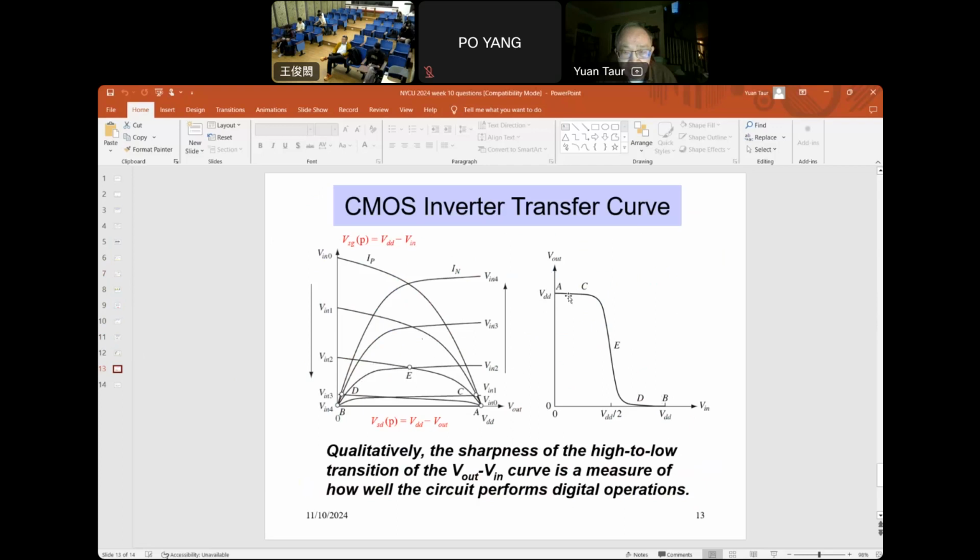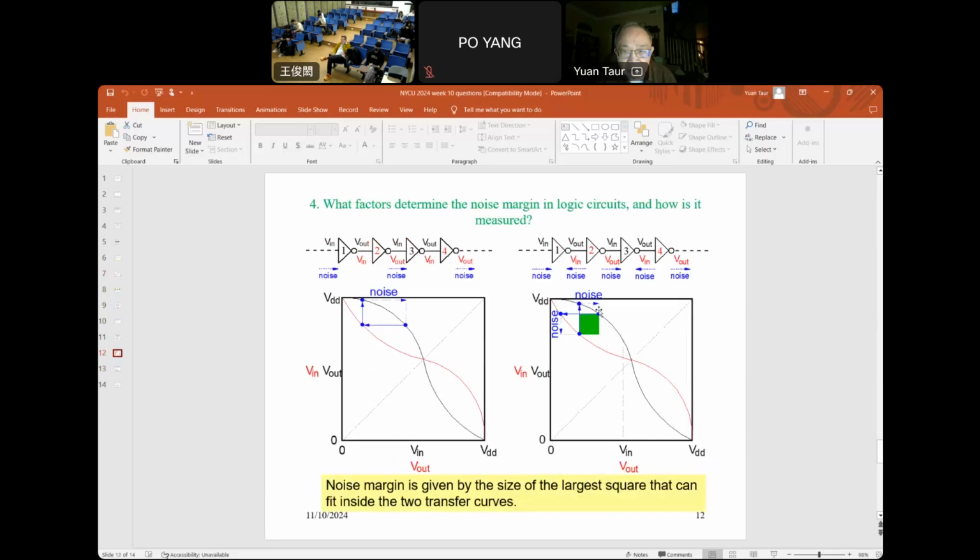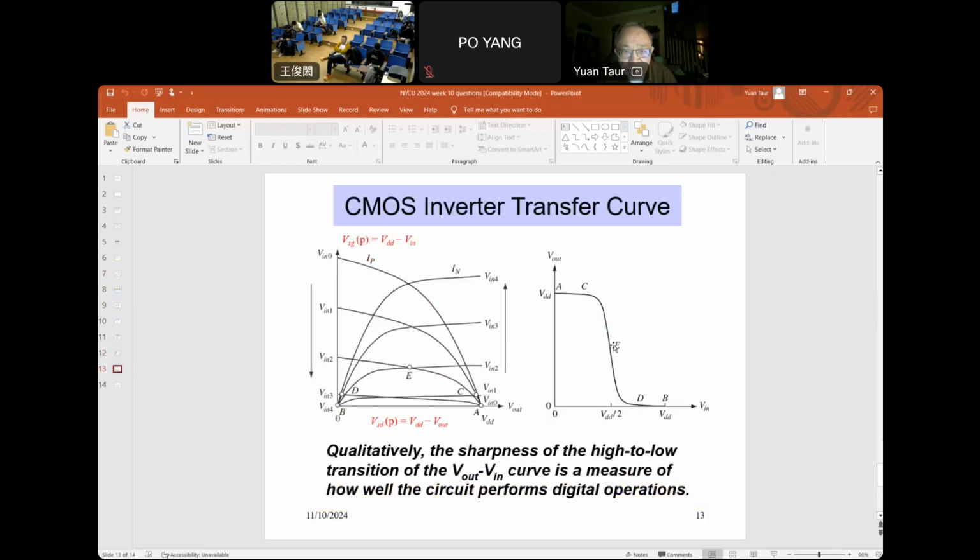There's no steep part. Then the noise margin is poor, because the square that can fit here will be small if the curve doesn't have a sharp transition. So the key is to have a sharp transition in the transfer curve, which is achieved by having a good saturation region in the IV characteristics of both N and PFET.